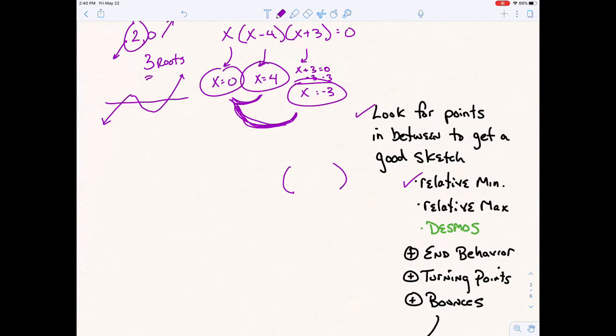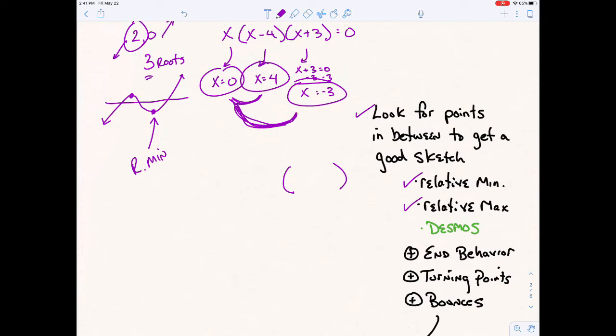One or more of them might end up being a relative minimum or a relative maximum. Generally speaking, this point right here would be a relative minimum. It's not the lowest point on the graph, but it's the lowest point on one of the turning points. And then this guy right here would be a relative maximum. To get your relative mins and maxes, we did some derivatives. We kind of played around with some pre-calc and calculus concepts.